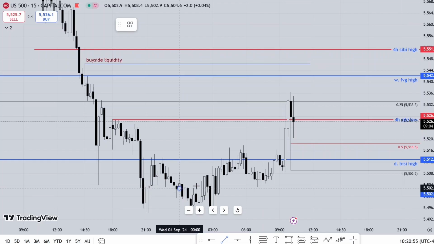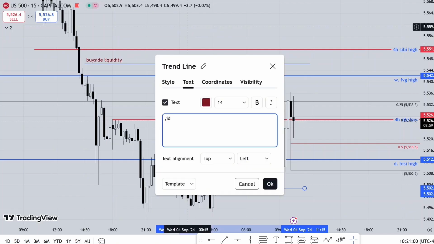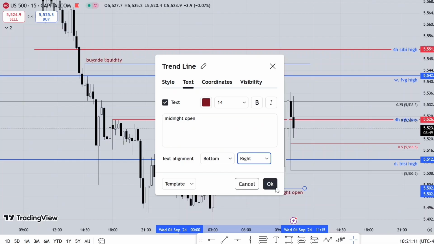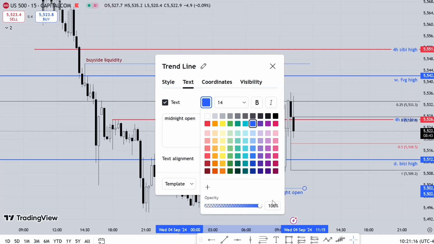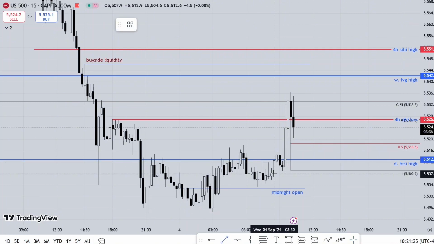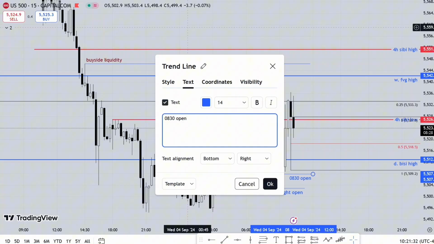This implements the power of three concept. So here you have the midnight opening. And here you have the 8:30 opening.